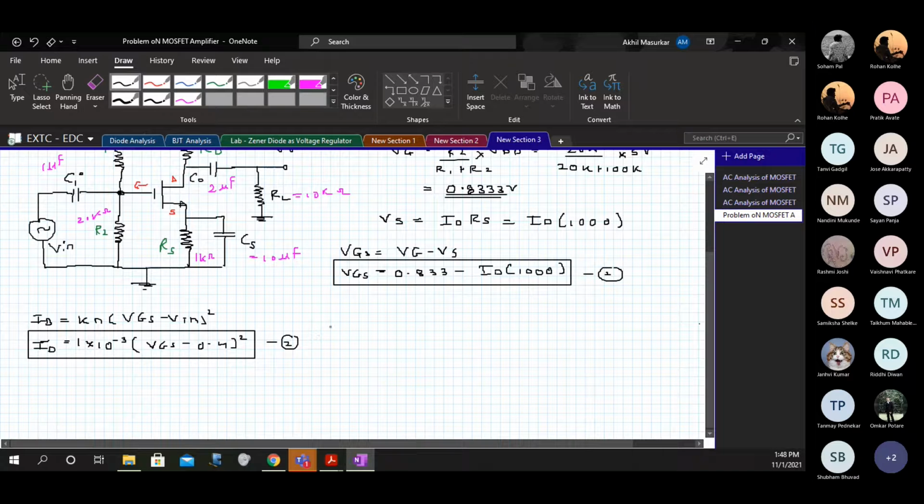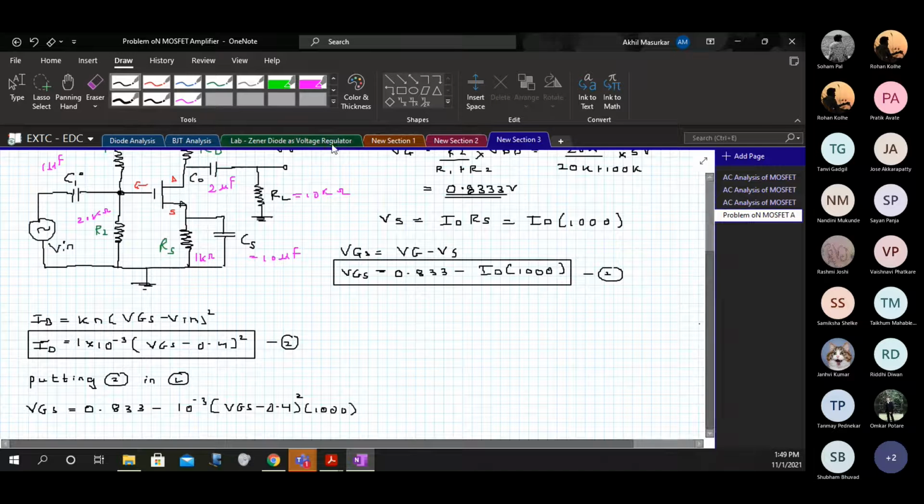Putting 2 in 1, what we will get here is VGS is equal to 0.833 minus ID, which is 10 raised to minus 3 into (VGS minus 0.4) the whole square, into 1000.